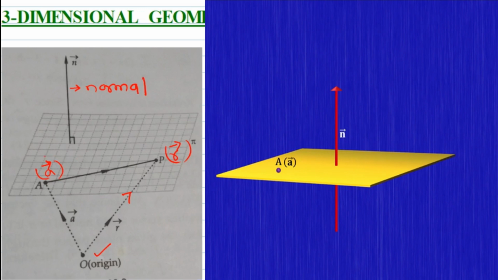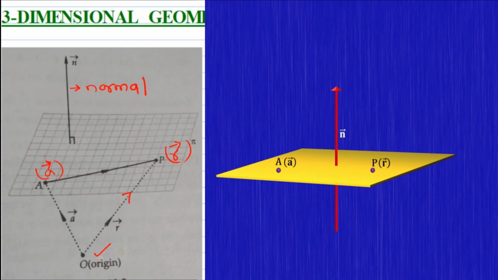Now if we take another point, named P, whose position vector is R, that means OA is equal to A vector and OP is equal to R vector. That means the plane passes through a point having the position vector A vector and is normal to the vector n cap or n vector.